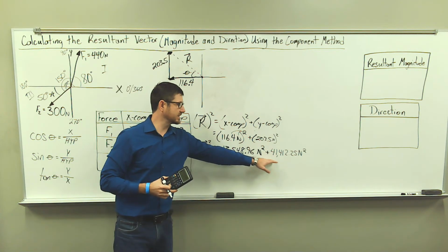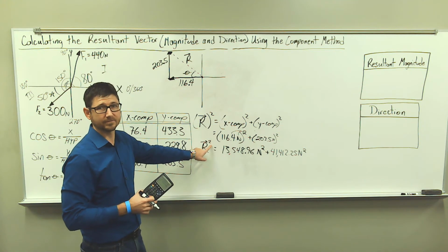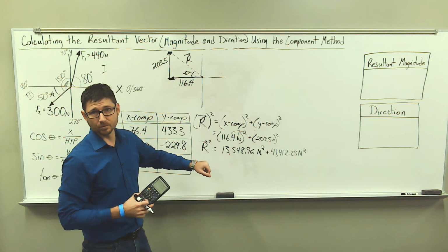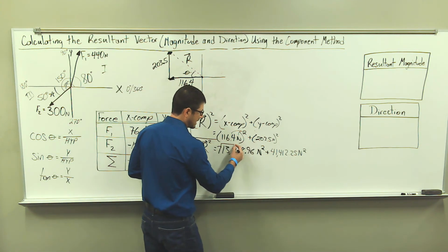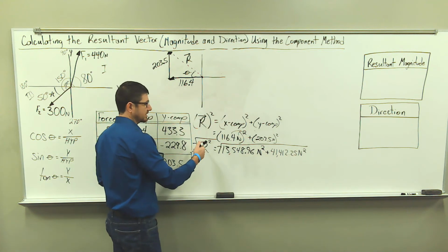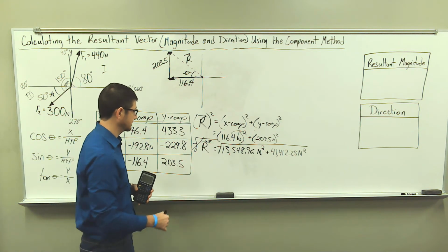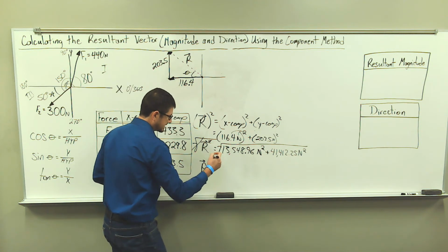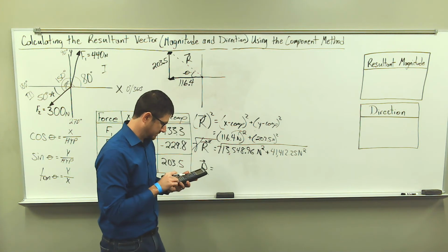Now, we can't just add these values up and say we're done, because we have a squared value over here. And to eliminate that, we're going to take the square root of both sides. So when I take the square root of both sides, on the left-hand side of the equal sign, the square root and the squared cancel out. So my resultant is equal to, we're going to add these two values together.